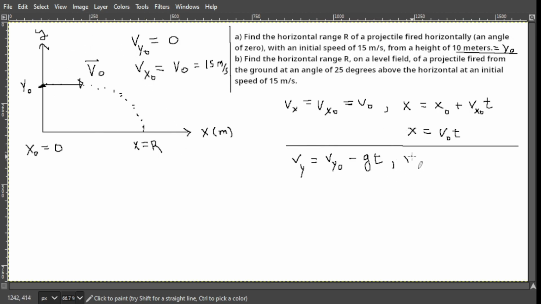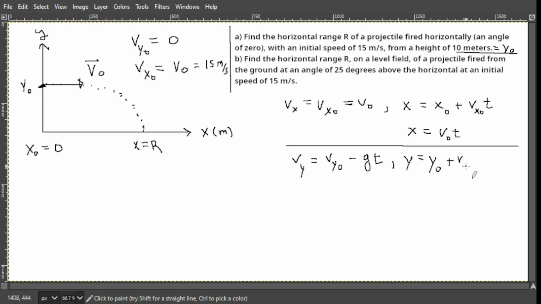And then the y position equation tells us that y is going to be wherever it is when you start the clock. Time 0 is when I shoot the projectile. That's when I start my stopwatch, if you will. And right as I start my stopwatch, y is at its initial position at time 0. So that's the initial height here in this case. It's going to be 10 meters.